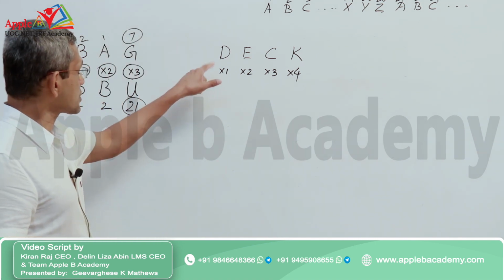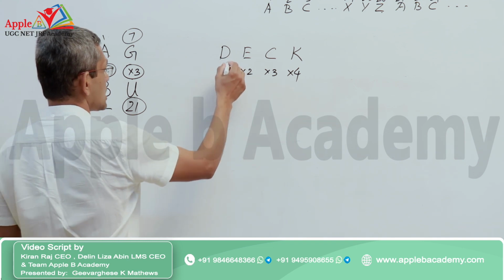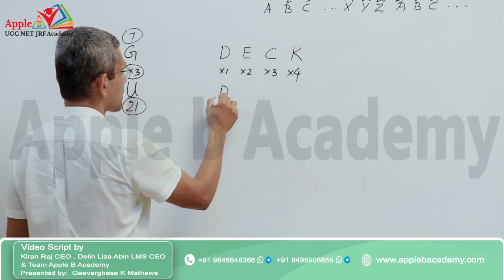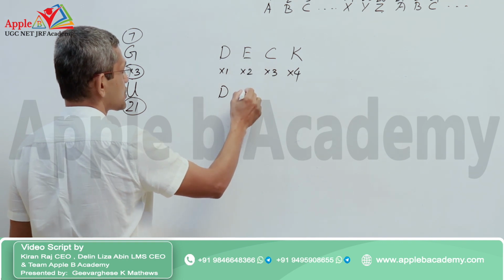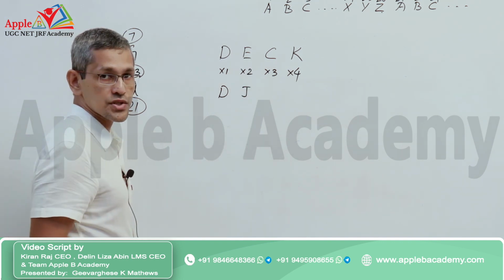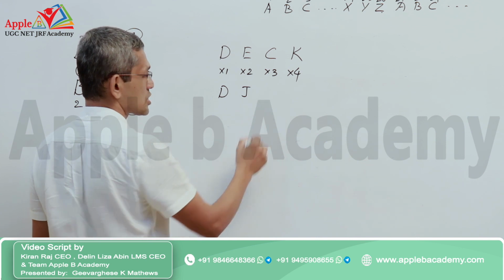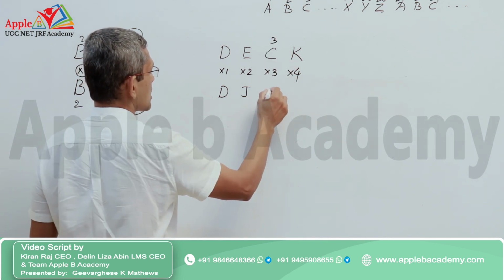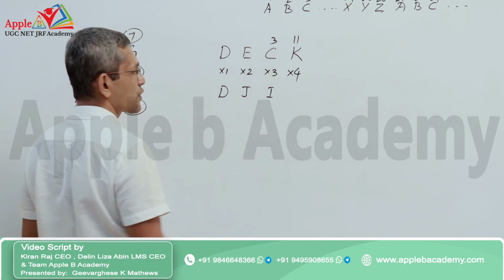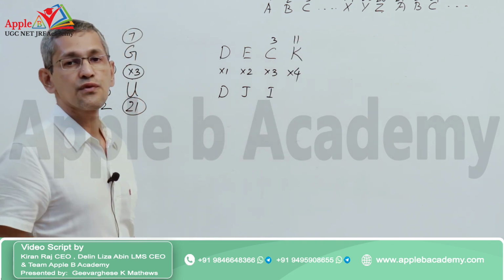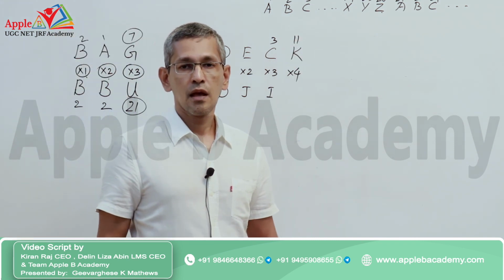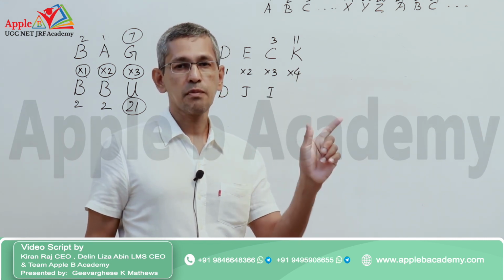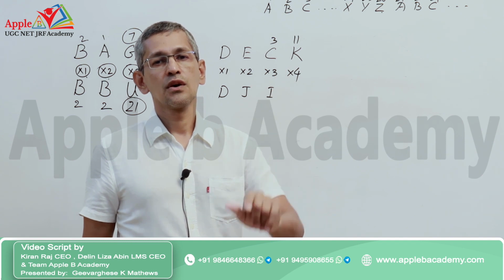Okay, so let's try this. D into 1 is D itself. And E is 5, 5 into 2 is 10, 10 is J. And C is 3, 3 into 3 is 9, I. And K is 11, 11 into 4 is 44. Which is the 44th letter? Well, the 26th letter is Z. Z plus 18 is 44.